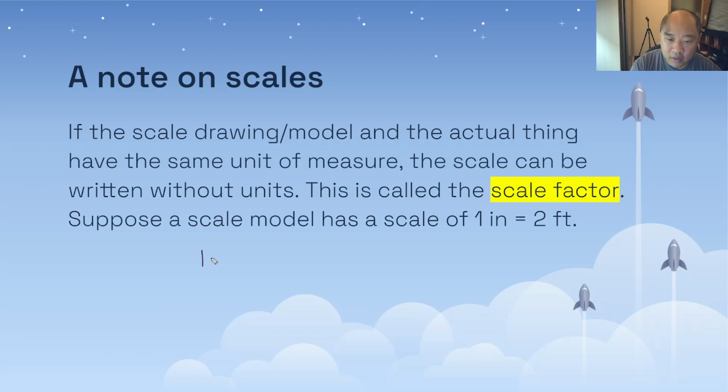So 1 inch is equal to 2 feet, and this is our scale. Well, 2 feet is equal to 24 inches. Because both of these have the same unit of measure, we don't have to write that. We can just write 1 to 24.